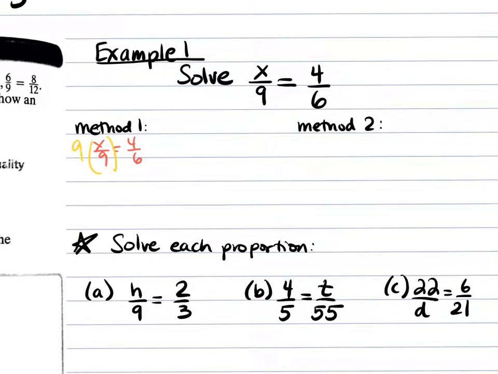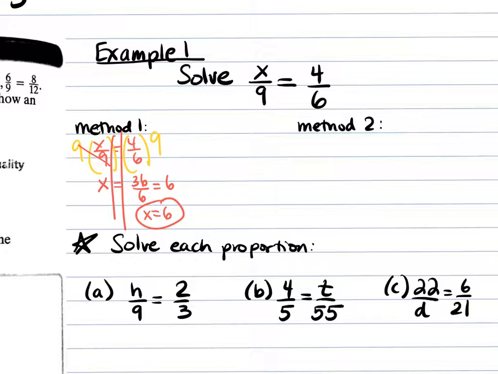So let's multiply both sides by 9. If we do railroad tracks, we multiply by 9 on both sides. These cancel, they go to 1. So then x equals 4 times 9, which is 36, divided by 6, that's going to equal 6. So x equals 6 is our answer. That's how to do it algebraically.